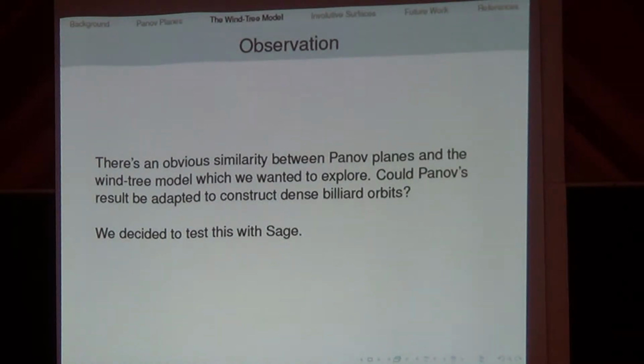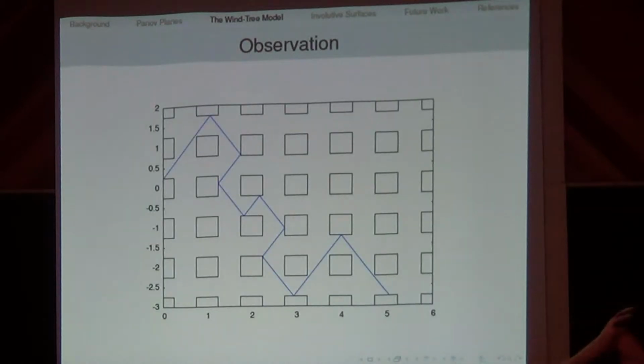So we decided to test this idea with Sage. So we ran some experiments. In the series of pictures I'm about to show you, the obstacles have the exact same size as the obstacles in the previous picture where we have this dense trajectory in the Panov plane. And the billiard starts in the same direction as that geodesic. So this is the first 10 reflections of the billiard in the corresponding wind tree model.